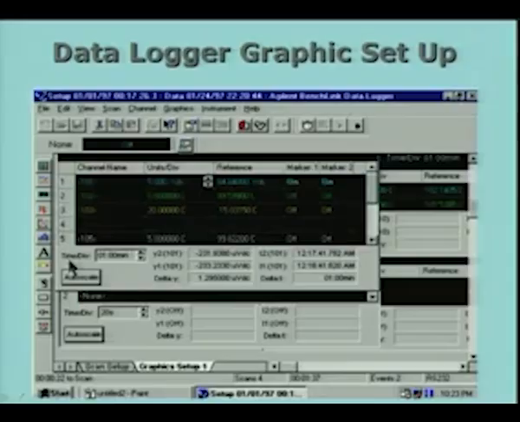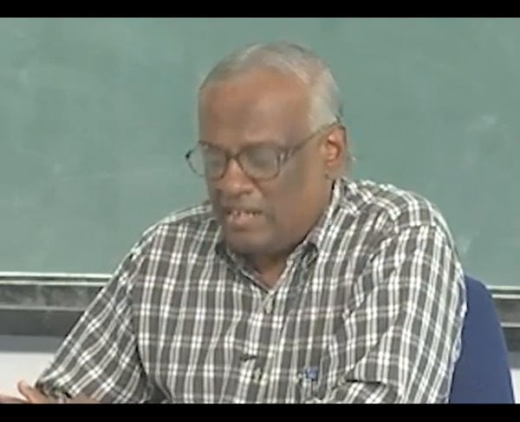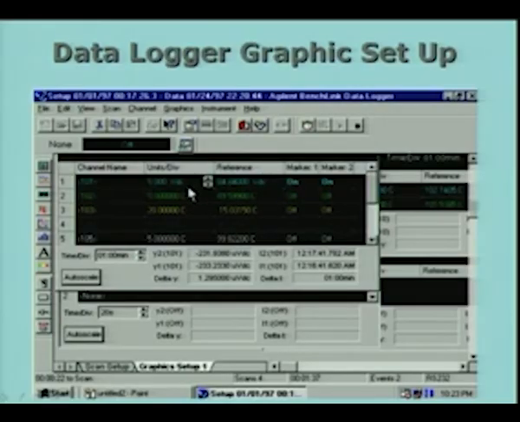So, several channels are possible and each channel can have different quantities indicated. For example, I can have voltage, I can have current, I can have some other quantity here. So, this is units per division I can specify here, I can also switch on or switch off the channel. In this case this channel is on, these 4 channels have been switched off. So, what you see here is a virtual instrument in some sense of the term, because whatever is happening in each of the channels can be actually followed in real time.